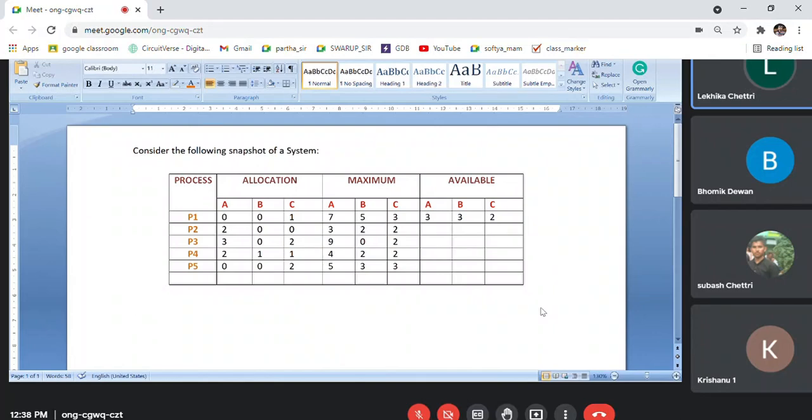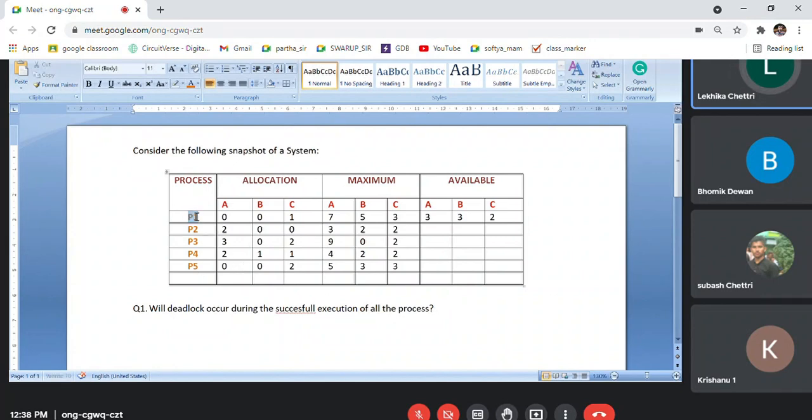The question here is, will deadlock occur during the successful execution of all the processes? See here, I have 5 processes.